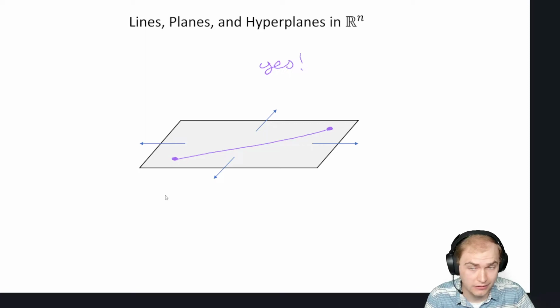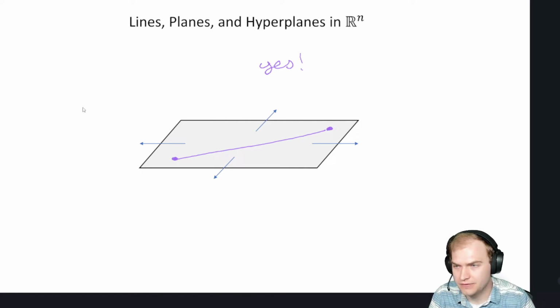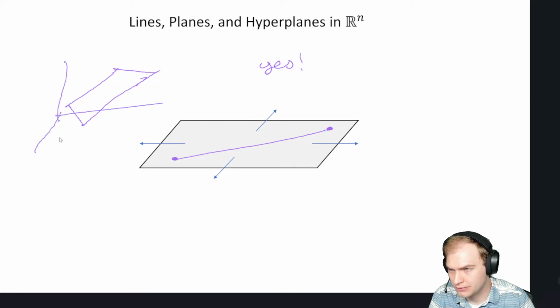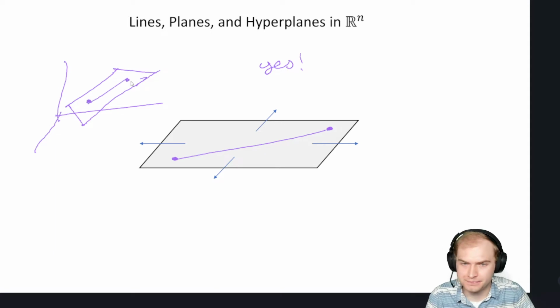Specifically, we can draw a straight line between them without leaving the plane. Even if this plane were sort of tilted up in R3, somewhere, we can draw the line between them. Whether or not they expand to infinity, right?